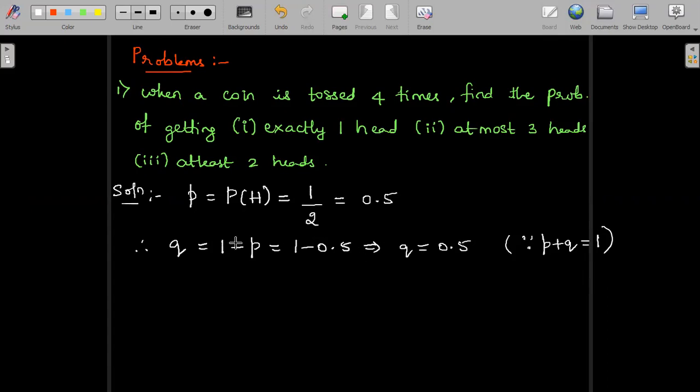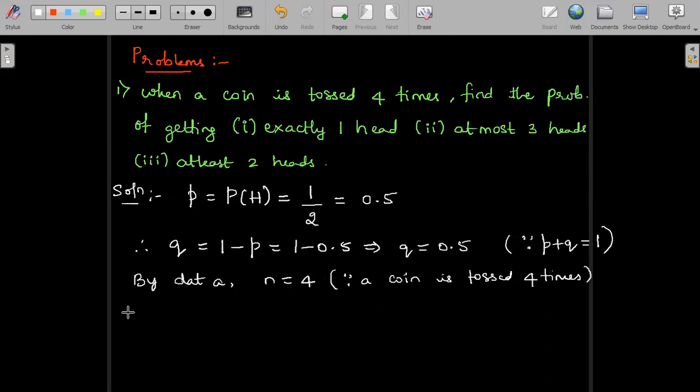Now we know P and Q. Let's write down the value of N. By data we can write that the N value is equal to 4, because a coin is tossed 4 times. So that's the reason N is equal to 4 for us. Okay.